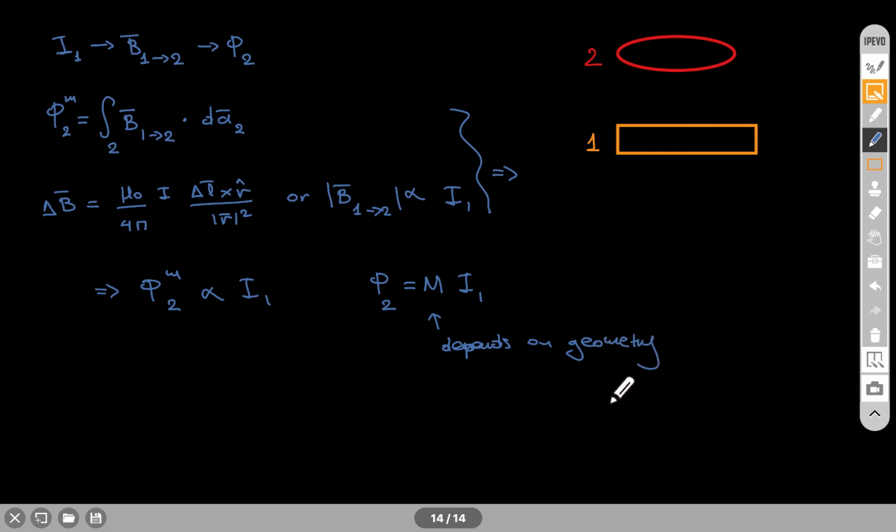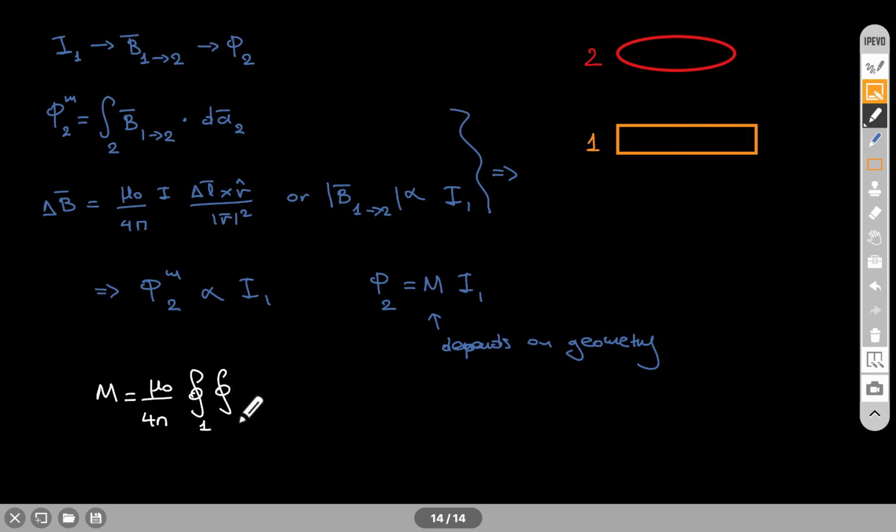And in fact, you can show, I will write with a different font color, you can show that this constant of proportionality can be calculated in general as mu naught over 4 pi, and those are two closed path integrals.